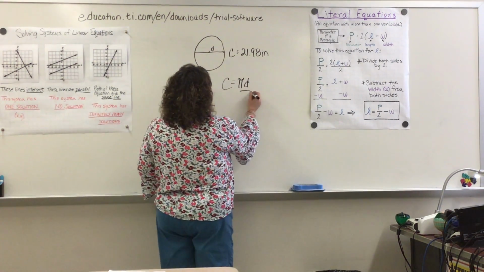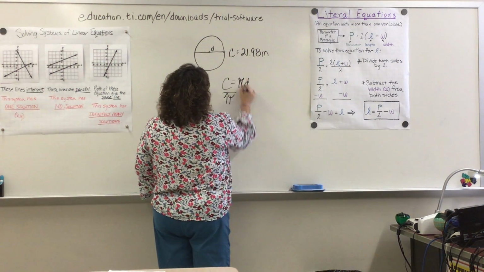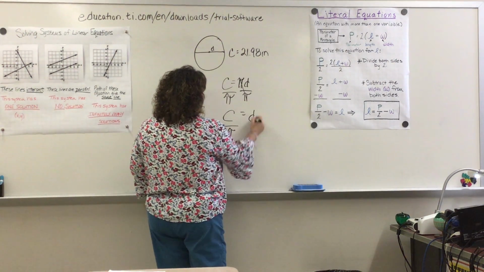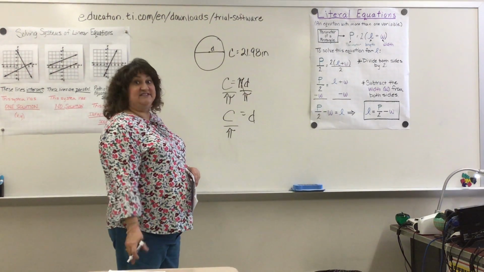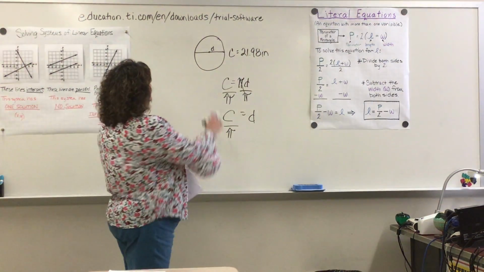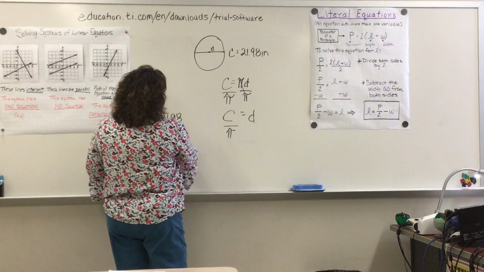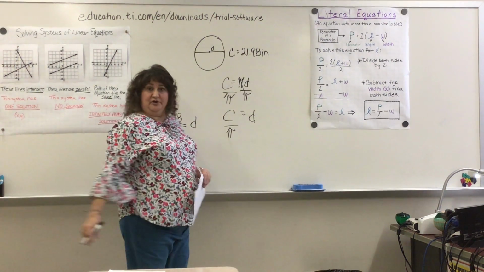So we're going to divide both sides by pi. And we get that our circumference divided by pi should give us d. And once we have that done, and that's our literal equation now, then we can solve whatever we have to do. Then we can put in the 21.98 divided by pi and get our diameter, right?